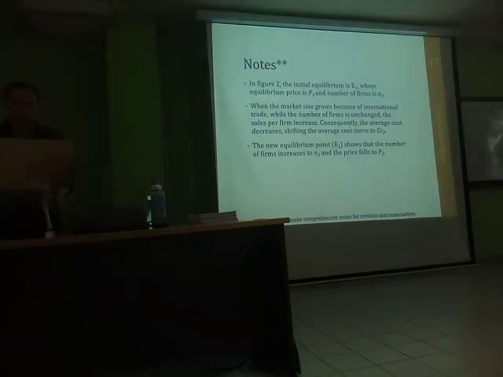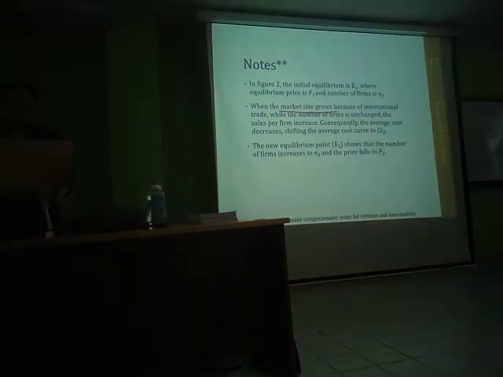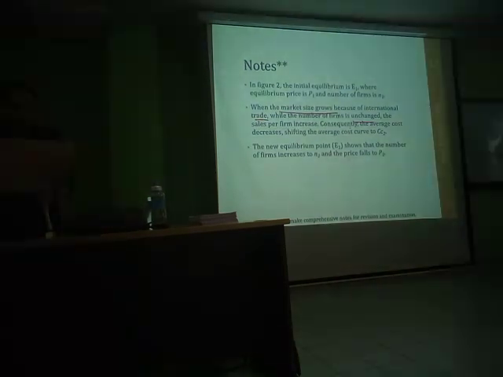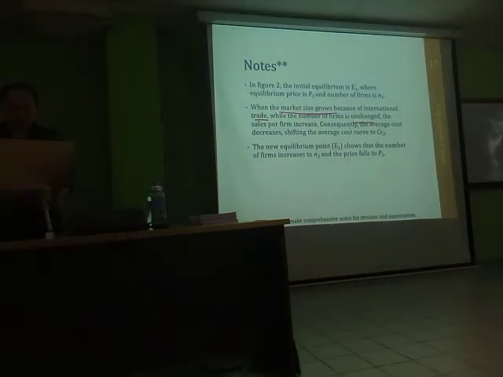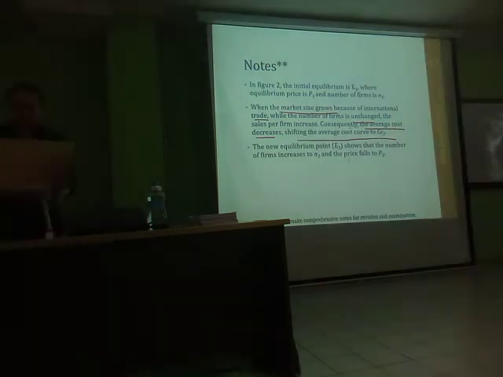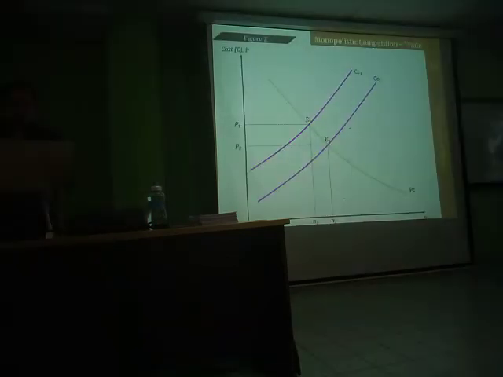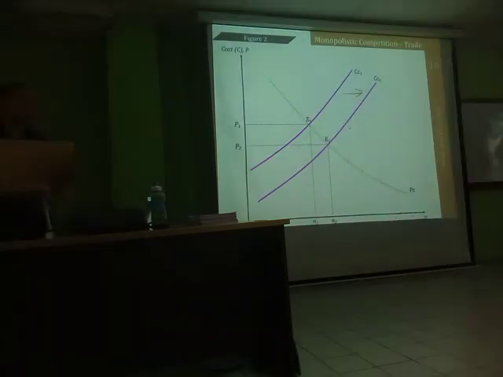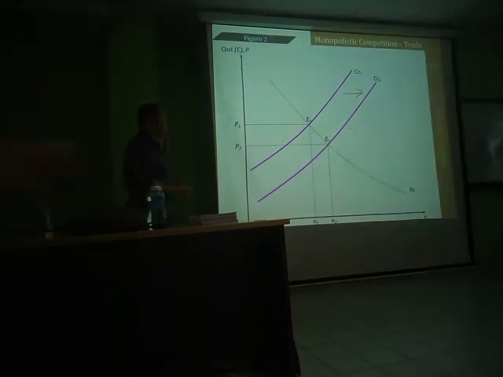For example, here I said when the market size grows because of international trade, while the number of firms is unchanged, the sales per firm increases. Consequently, the average cost decreases, shifting the average cost curve to the right here. Okay. This is the reason why the average cost curve shifts to the right side.